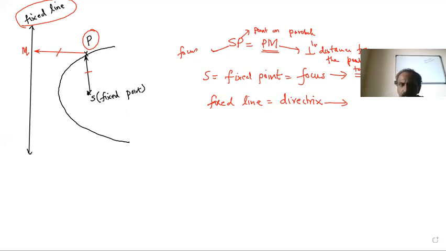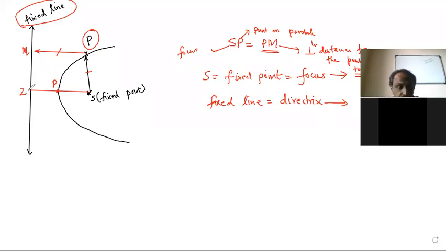Now if you have understood this, let me ask you one simple question. I have drawn a perpendicular here. If this point is a point on the parabola, what can you say about this segment? Let me call it Z. What can you say about the point P?